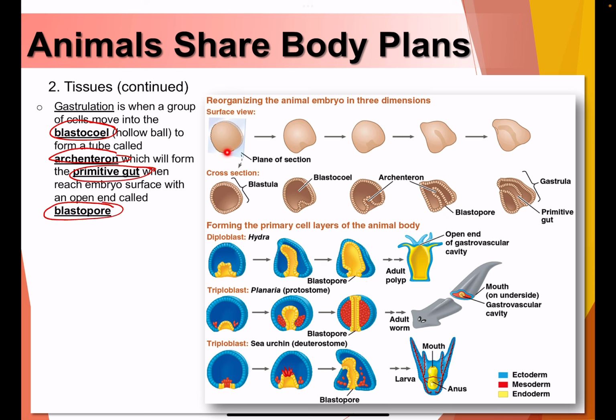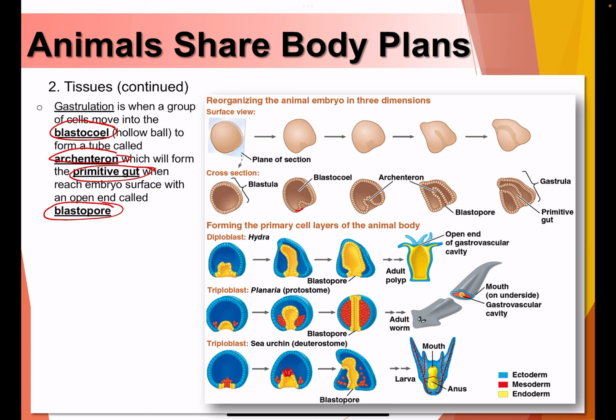So here's the whole process here in this picture. Here's a zygote, and from the outside, that's all you're seeing. You can't see what's happening inside, which is why they do a cross section of the embryo, so you see what's happening on the inside. Here's your hollow ball called the blastula stage with the blastocoel, that hollow space in the middle.